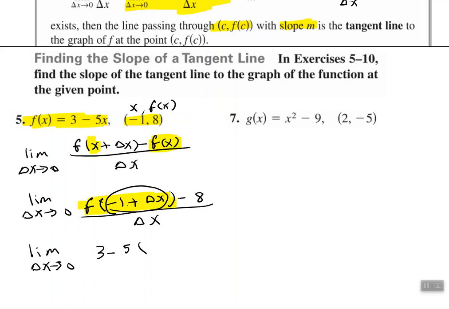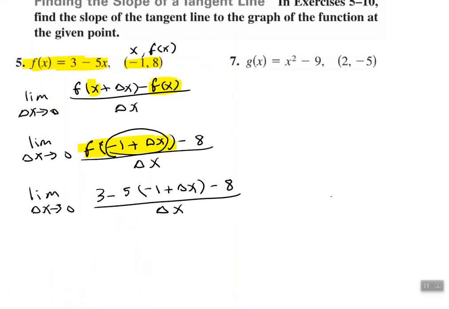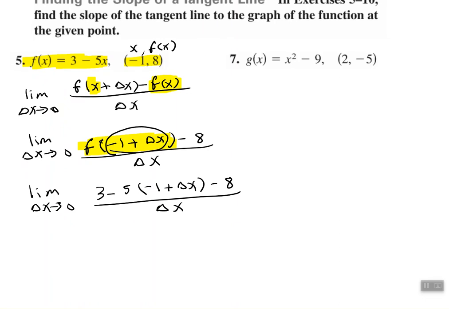Inside here I have -1 plus delta x that's in the place of x, so I'm going to replace x with -1 plus delta x. Keep the -8 and divide it by delta x. So I just use the function 3 minus 5x, and since we had f of -1 plus delta x, replace x in the function with -1 plus delta x.